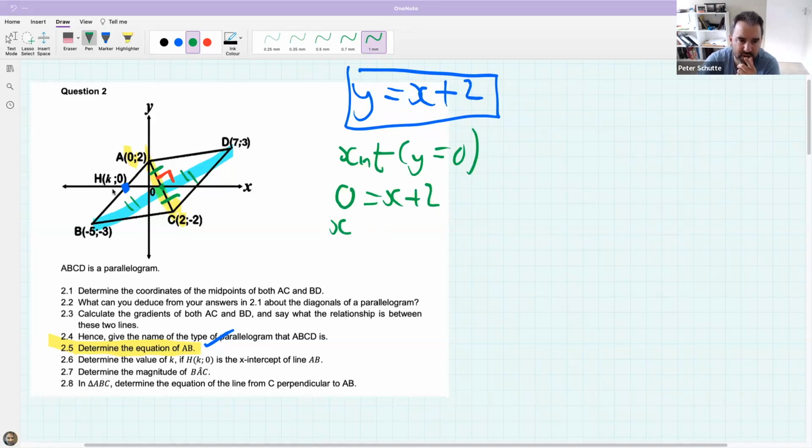So I was thinking x is minus 2 is the x-intercept. And if I look at k, the point is going to have to be the point (-2, 0).